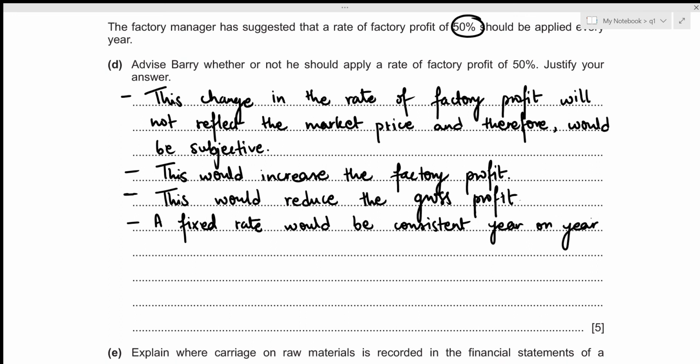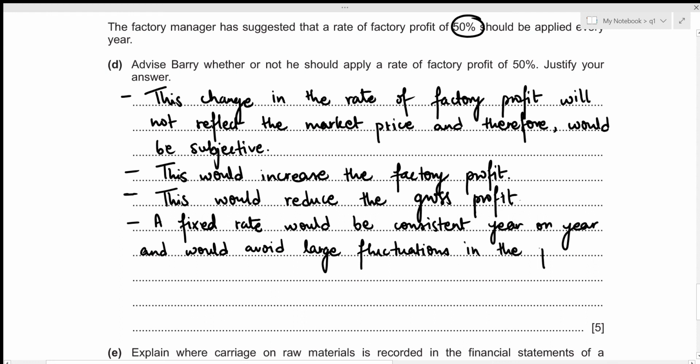And this would also avoid large fluctuations in the provision for unrealized profits, since we are applying a constant rate of factory profit each year, right? Let's write it down as well. And would avoid large fluctuations in the provision for unrealized profit.